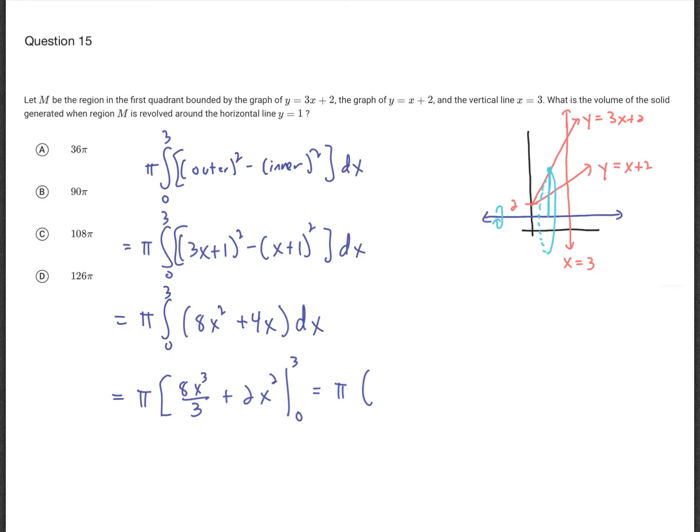So we just have to plug in 3. Okay, if you plug in 3 to x cubed, that's 27, divided by 3 is 9, times 8 is 72. Okay, and then plug in 3 into here. 3 squared is 9, times 2 is 18. And then you get 90 pi. And that is answer choice B.